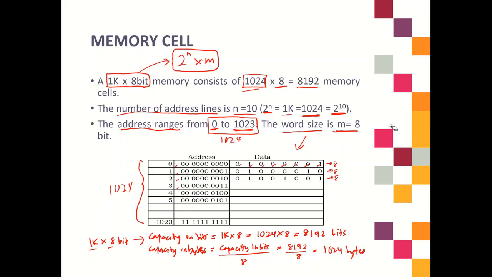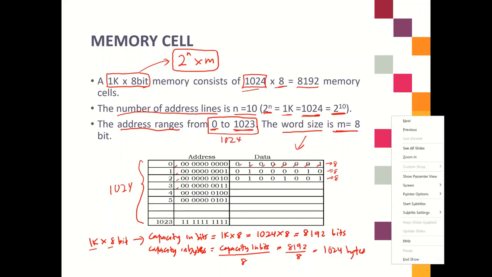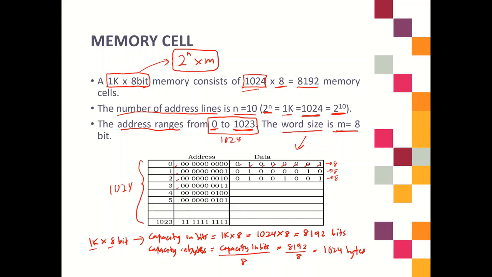So when you draw the memory, you draw one line for each label, right? So you have 1, 2, 3, 4, 5 lines.